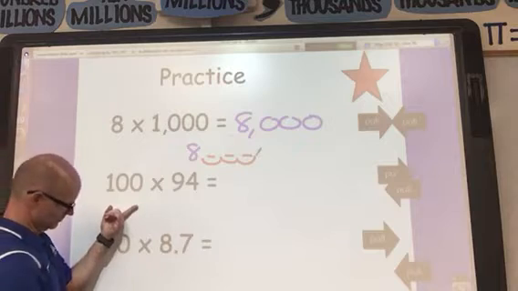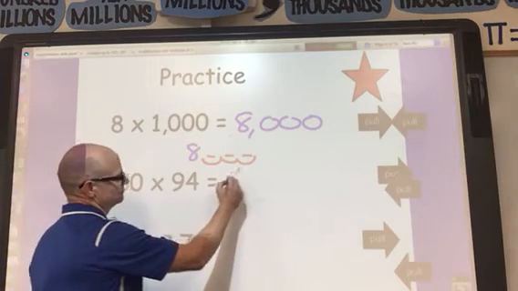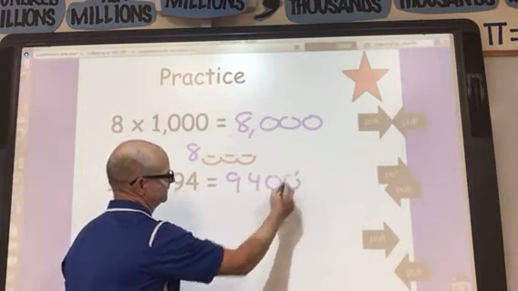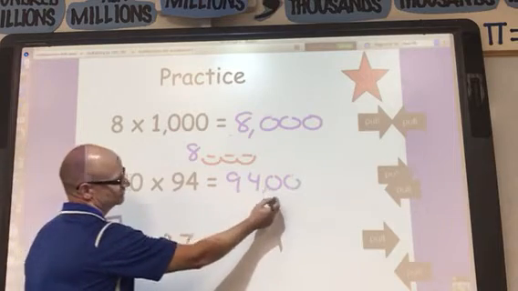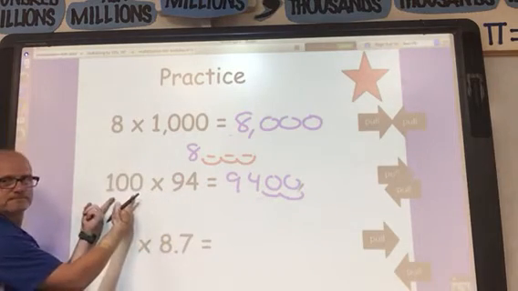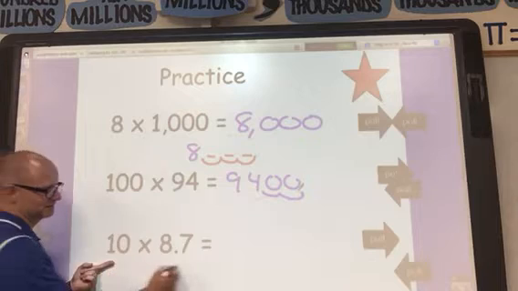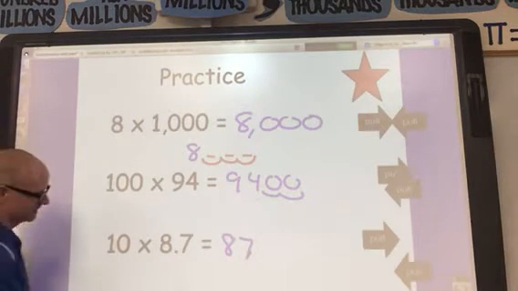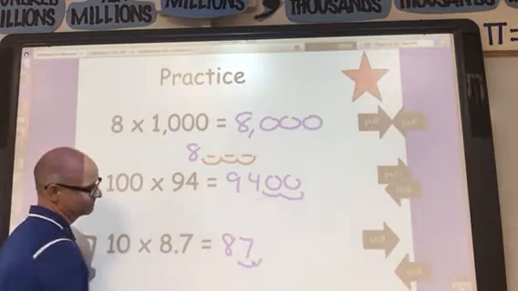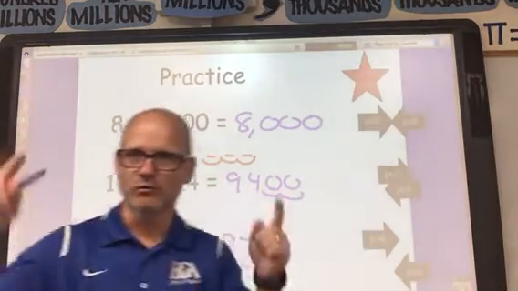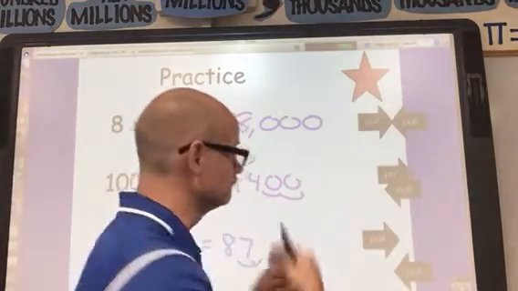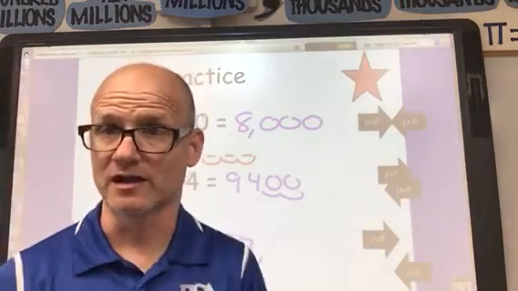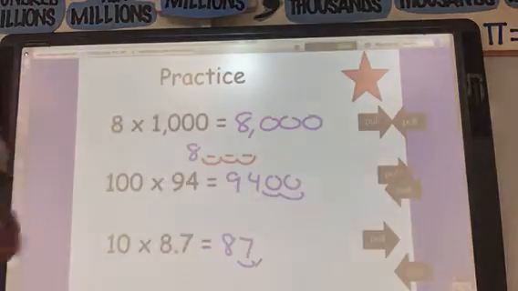Here, did you put, as your product, 9,400? Again, you take the decimal and move it 2 places. This one, did you say 87? Because you've taken the decimal and just moved it 1 place over. Okay? So when you multiply by 10, 1 place to the right. When you multiply by 100, 2 places to the right.